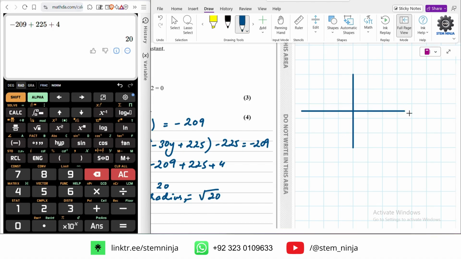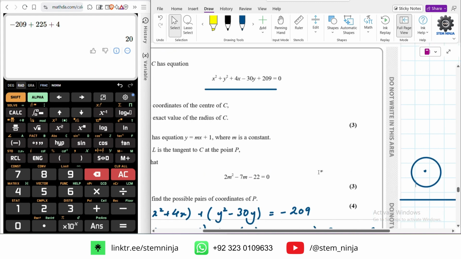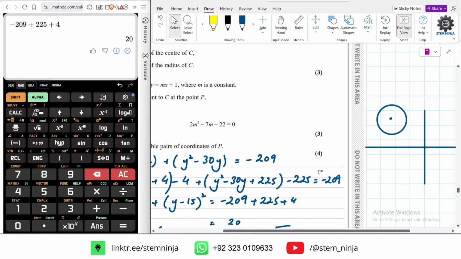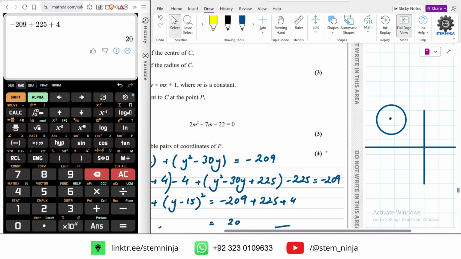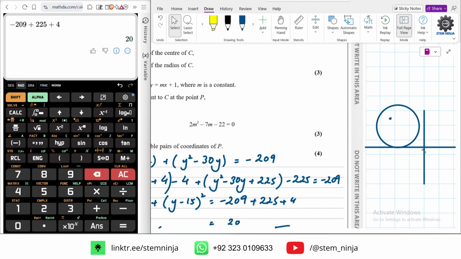So (-2, 15) is somewhere over here, right? And what else? That is y = mx + 1. The radius is square root of 20.